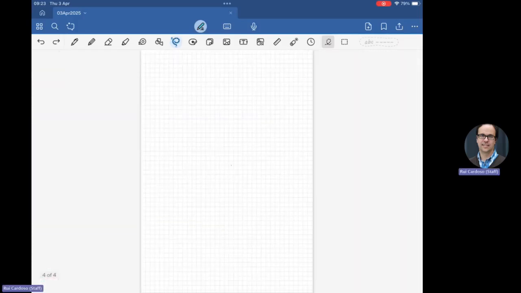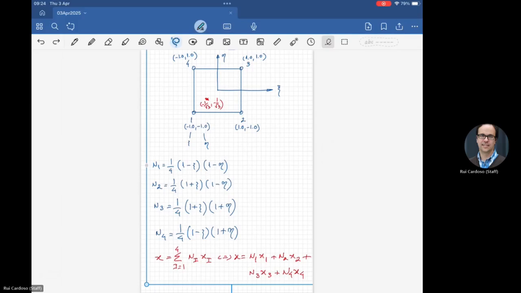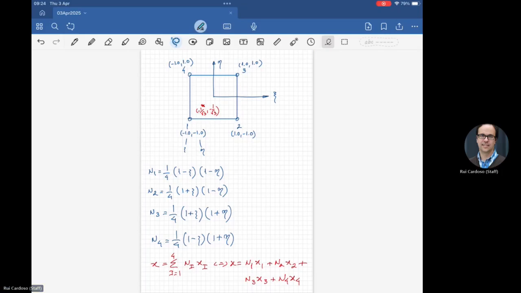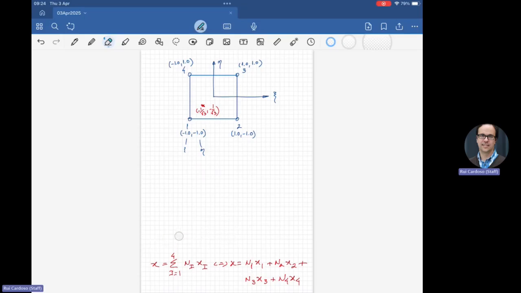I can interpolate both the coordinates of any point on the element and also the displacements or rotations, or the degrees of freedom if you want. Okay? So basically I can do this.